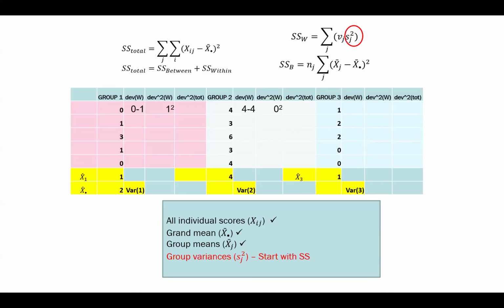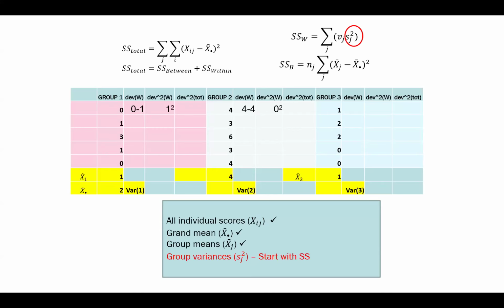We're talking about the third column from the left, headed deviation within, related to group 1. That is going to be the score's deviation from its group mean.